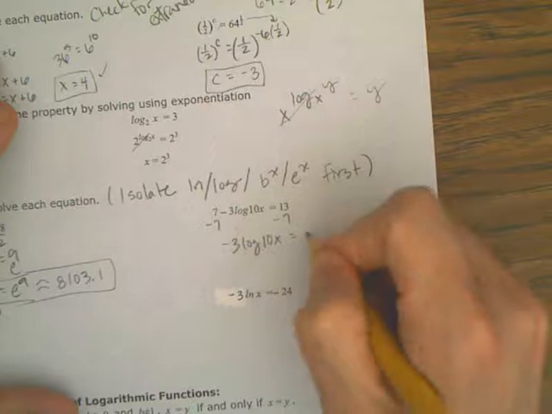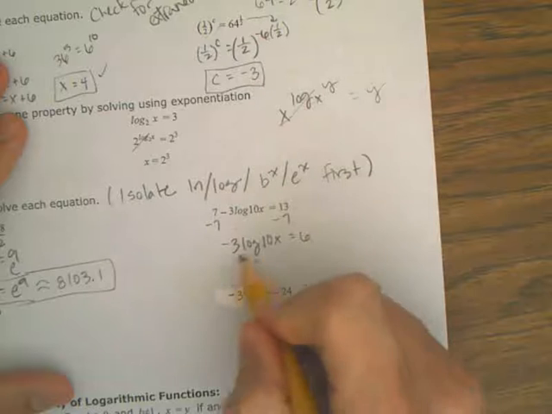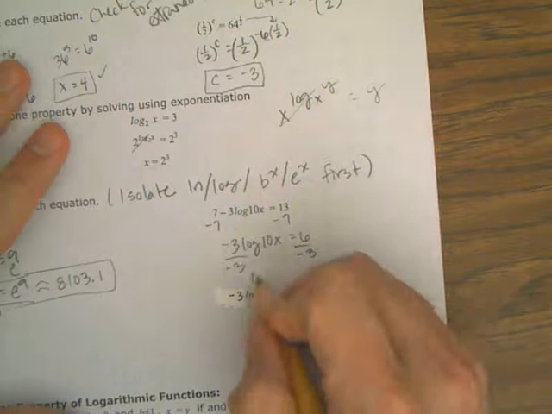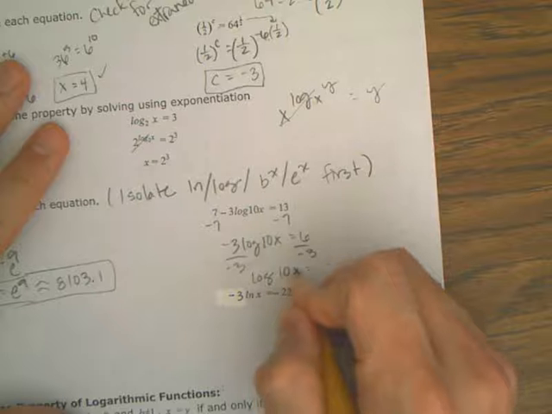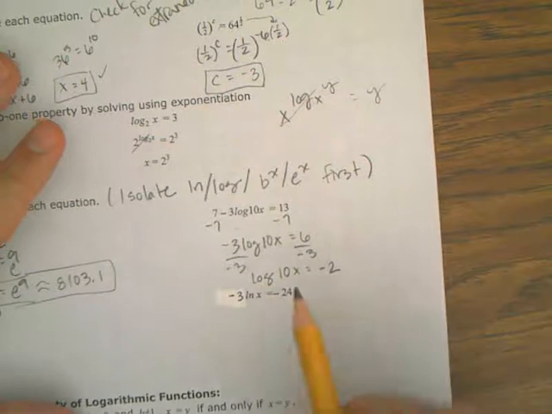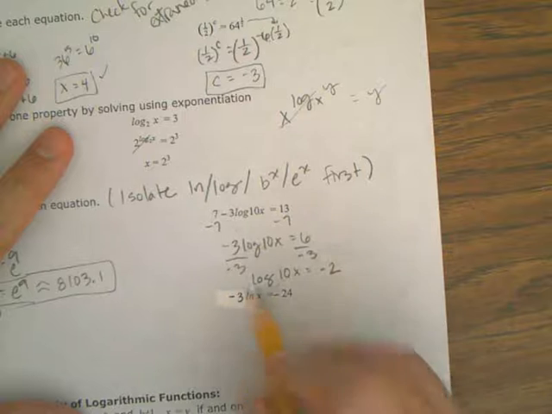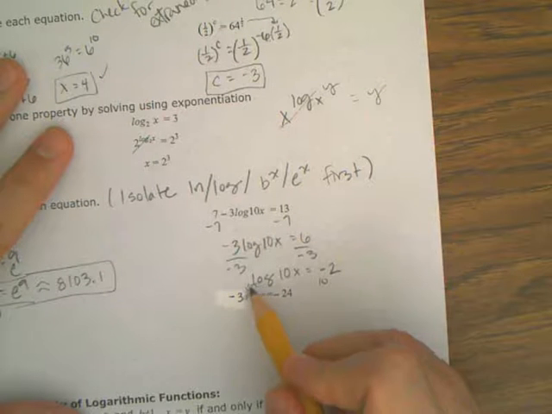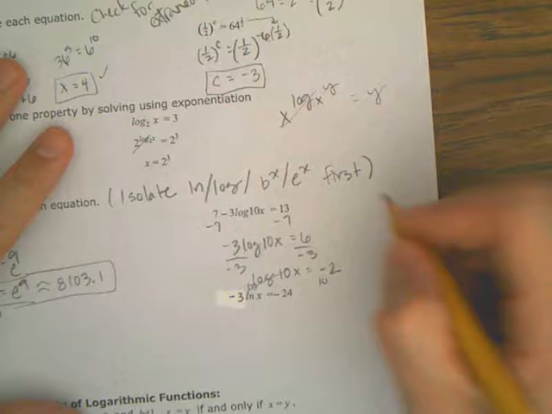Divide by negative 3, we get log base 10 of 10x equals negative 2. So I'm going to raise this to the power of 10, raise negative 2 to the power of 10. That piece goes away. x equals 10 to the negative 2.